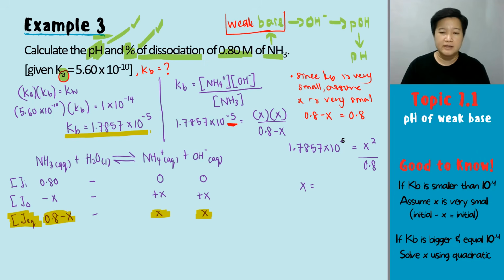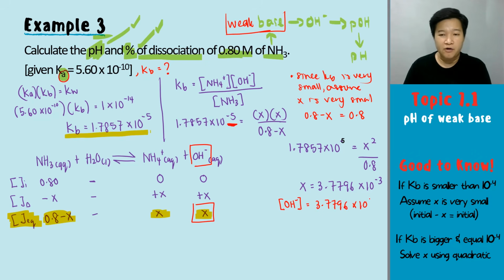Your X calculated is 3.7796 times 10 to the power of negative 3. Okay? Simple. Easy. So knowing that your X is also the concentration of your OH minus at equilibrium, therefore we know that the concentration of OH minus also equals 3.7796 times 10 to the power of negative 3.